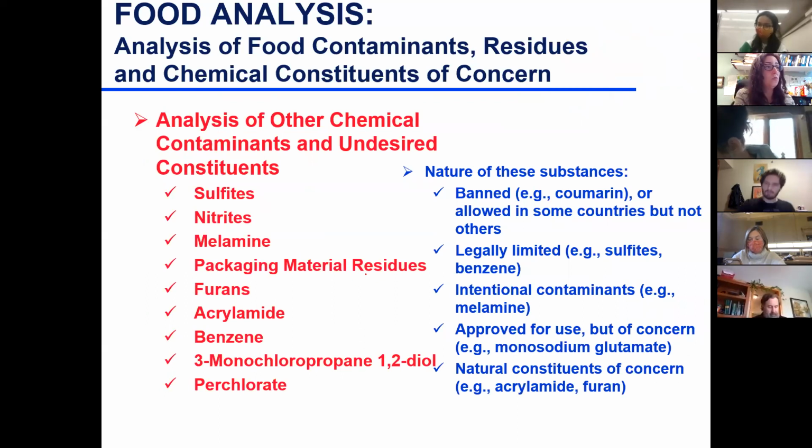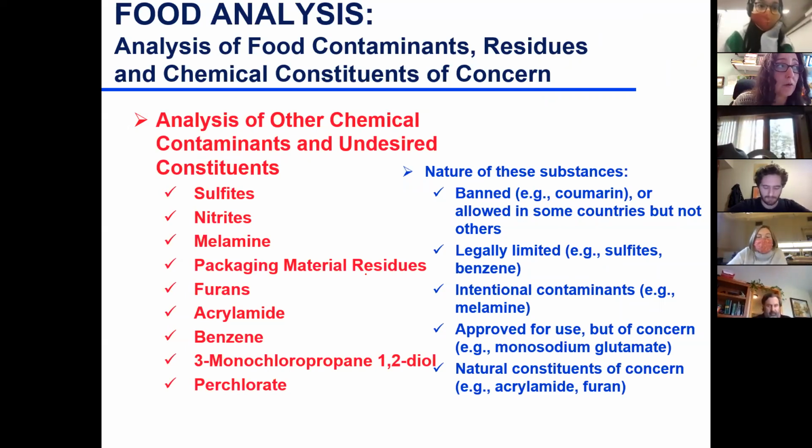Now, moving on to the general list, a lot of them, right? We talked about the main ones: the pesticides, the antibiotics, the allergens, the toxins. But the list is huge for other chemicals of concern.